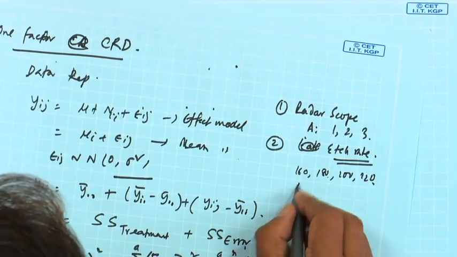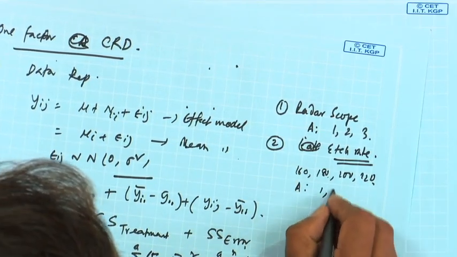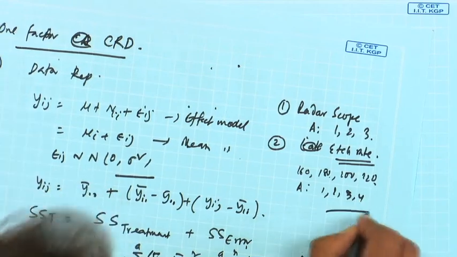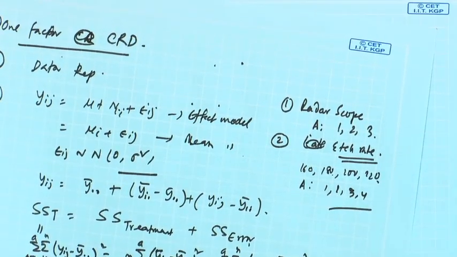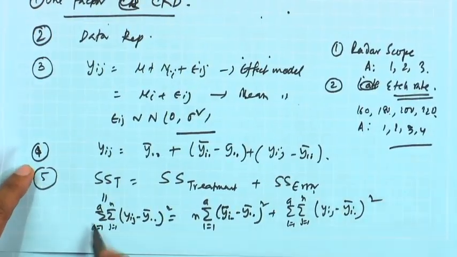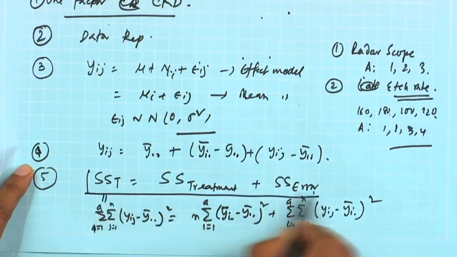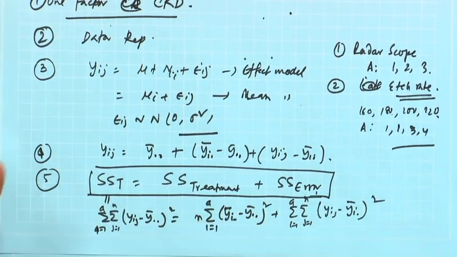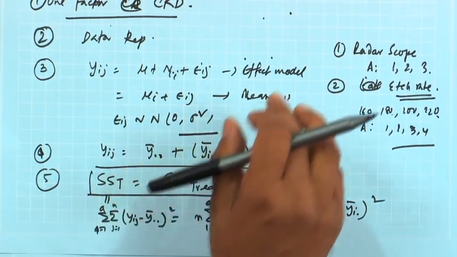So, that means the factor A has 4 levels. And then how to compute the different things, SST, is given to you. Please practice it. Thank you very much.